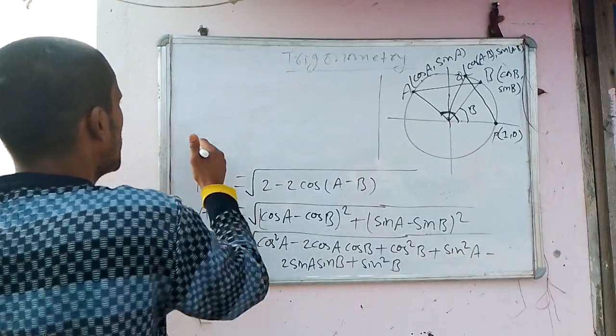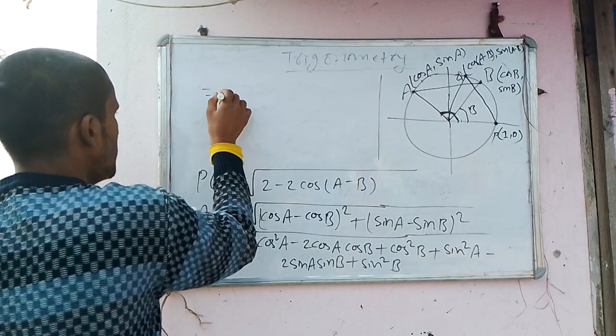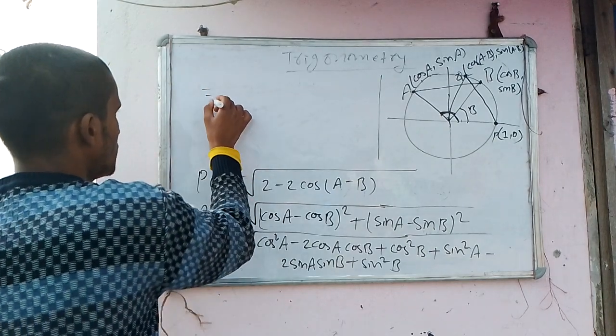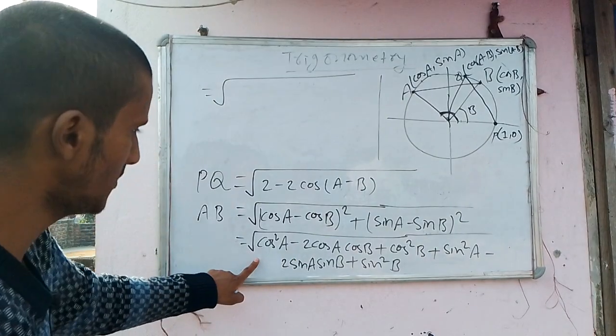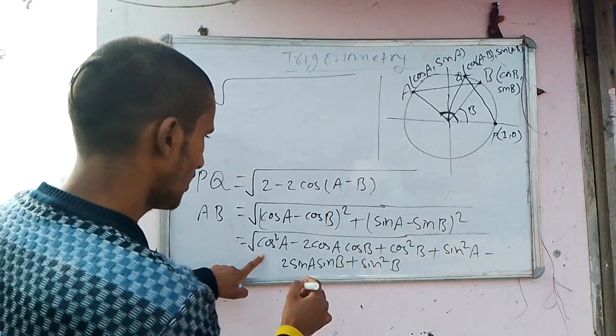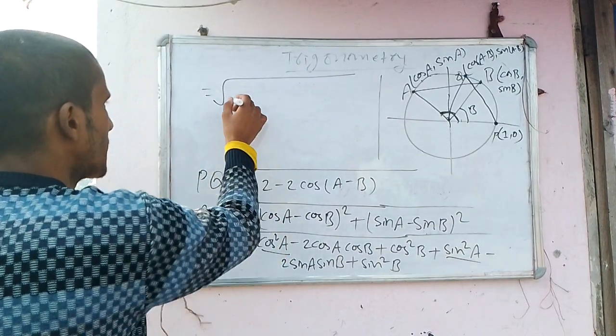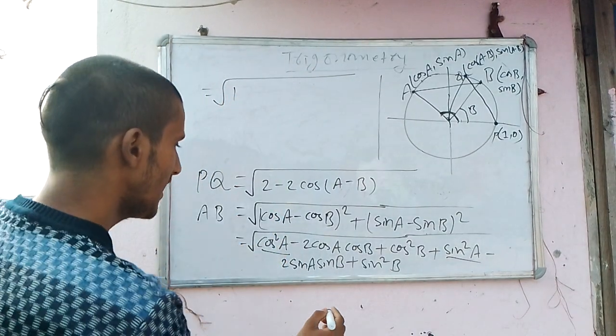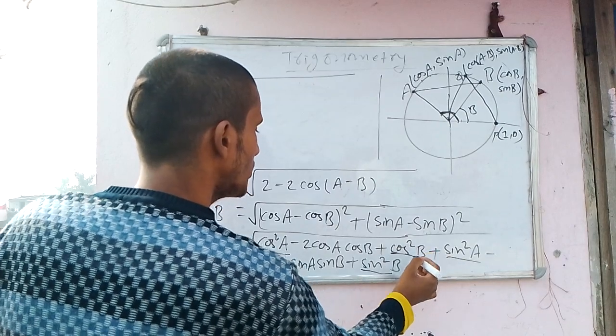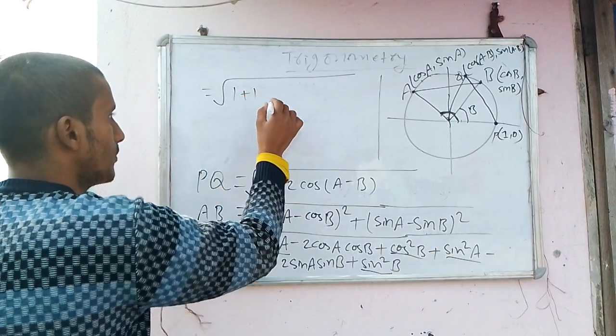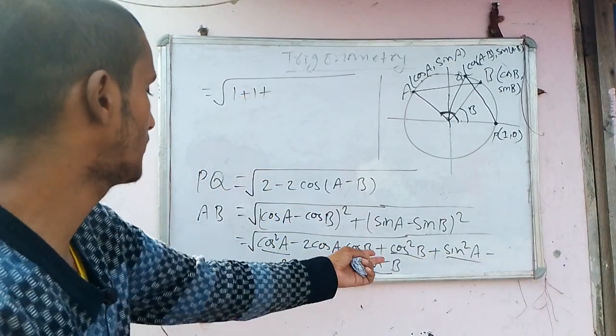So this was all computation. AB is going to be equal to what? Square root of cosine squared A, and do you have another A here? Yes, sine squared A. This is going to be 1. And sine squared B and cosine squared B, this is going to be another 1, plus what do you have left here?